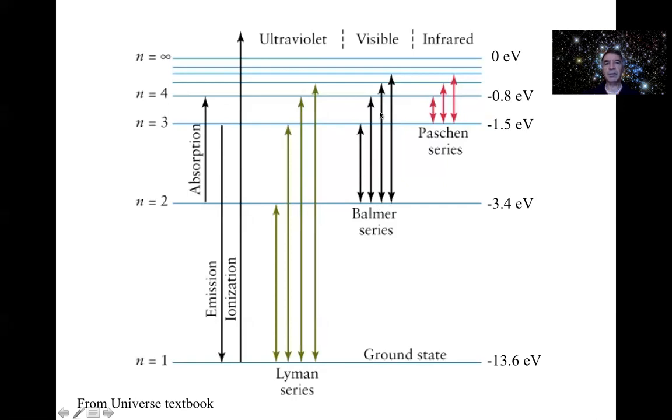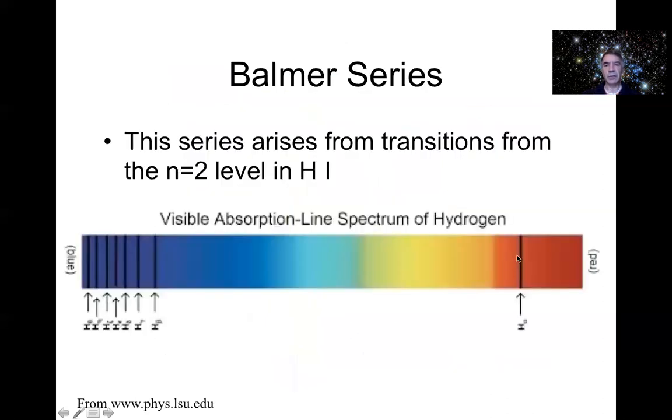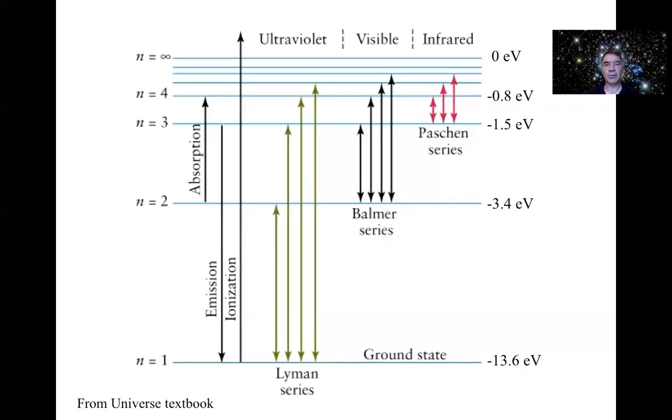As you go up the series, you can see that the gaps between the energy levels get smaller and smaller and smaller. Therefore, the series of lines gets closer and closer together. So when you look at this pattern of lines here, you're basically looking straight into the quantum structure of the hydrogen atom, okay?